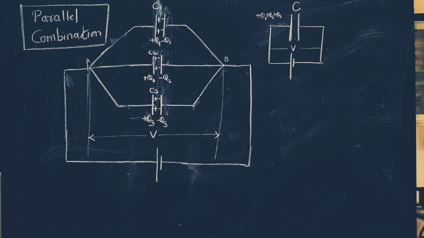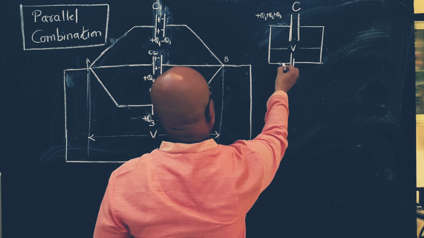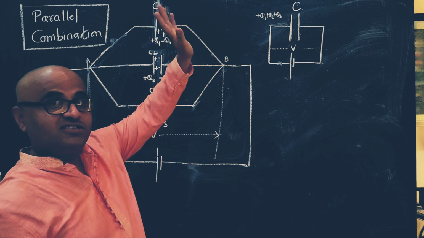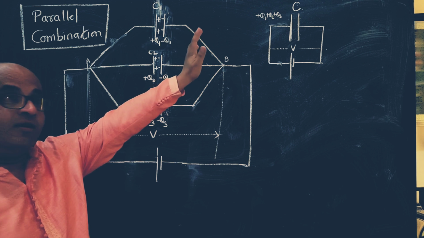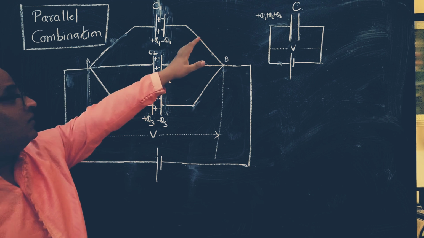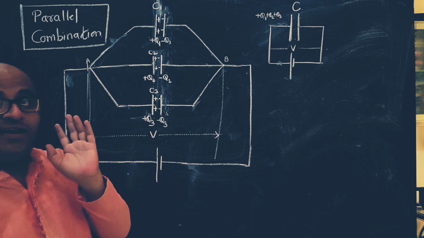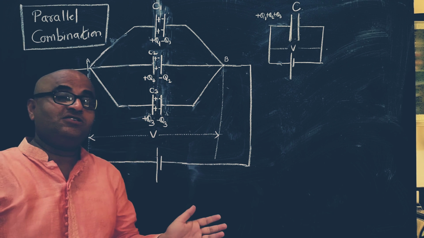Once the capacitor is fully charged, there is no flow of current. Now C is the equivalent capacitance of this three-capacitor combination. So what is an equivalent capacitor?